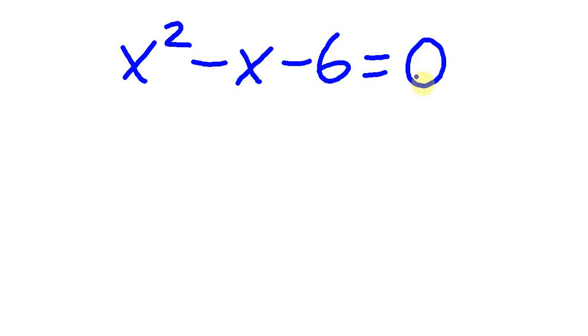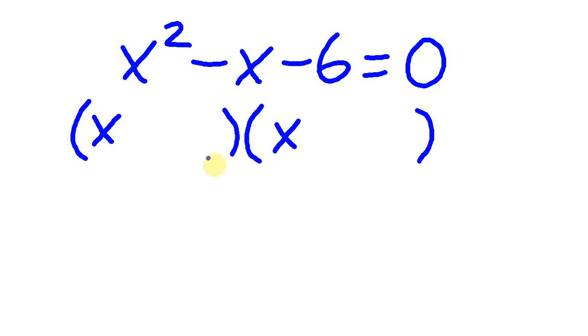Okay, so this equation just happens to factor fairly easily, and we'll go ahead and set it up. Factoring would mean separating it into two factors, where here's a factor and here's a factor.